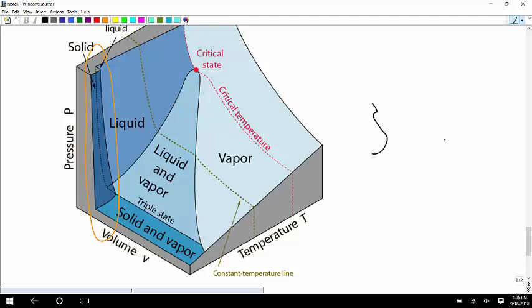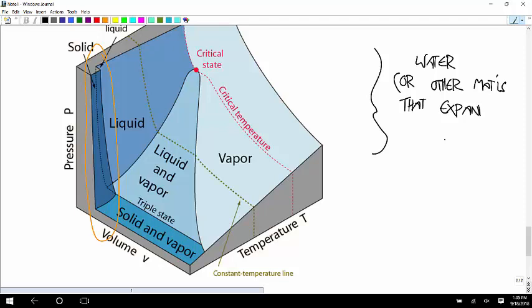Okay, so this is water, or other materials that expand on freezing.